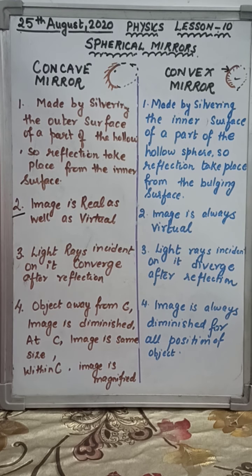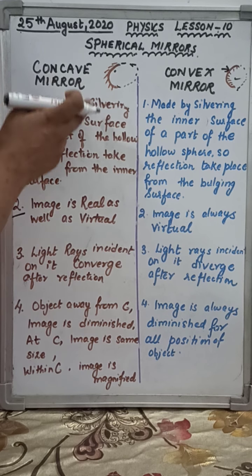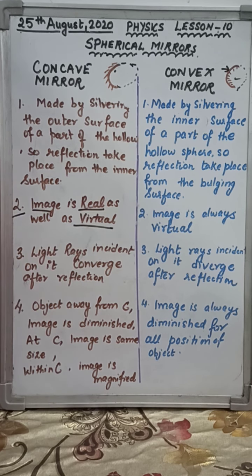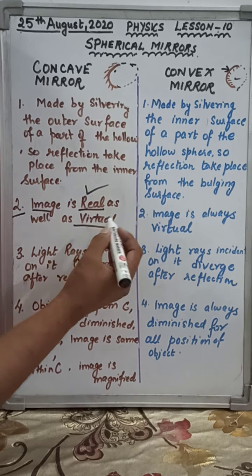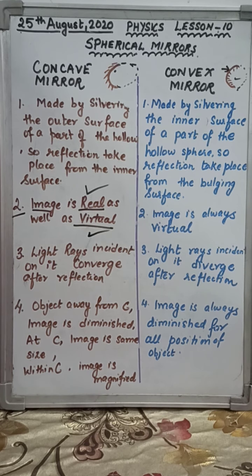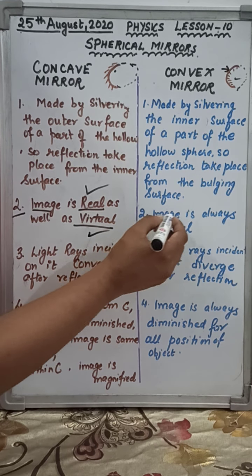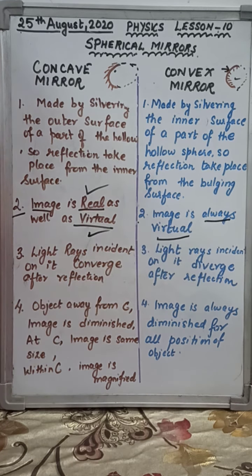Second difference: in a concave mirror the image is real as well as virtual. When you do the ray diagram, you will see a real image will be formed, and for some other position of the object, a virtual image will be formed. In case of the convex mirror, the image will always be virtual, for all positions of the object in front of the convex mirror.